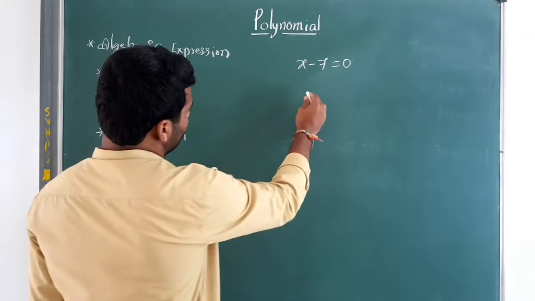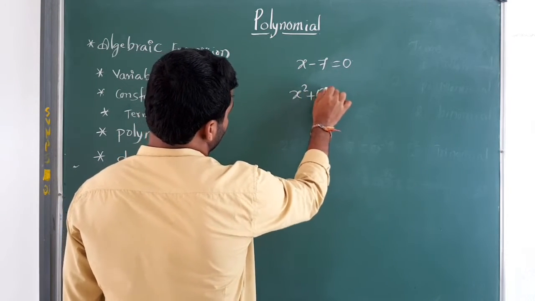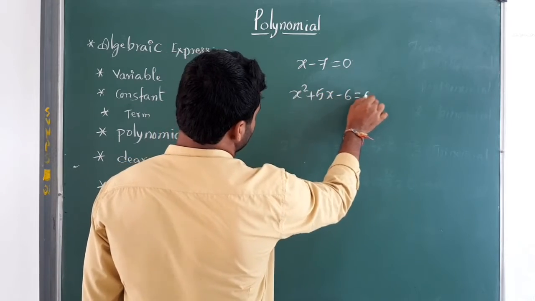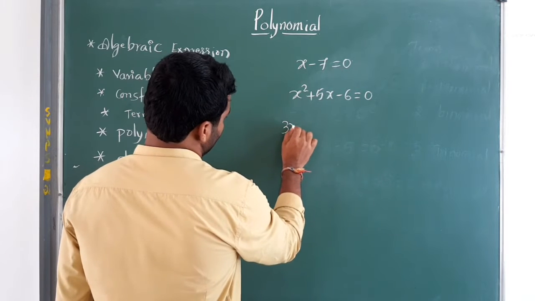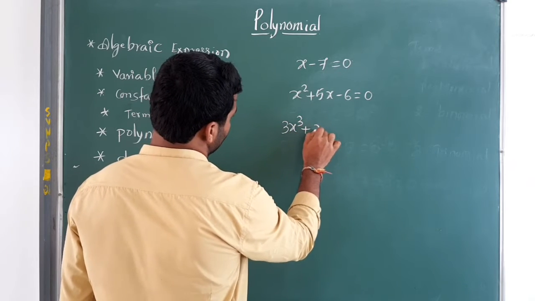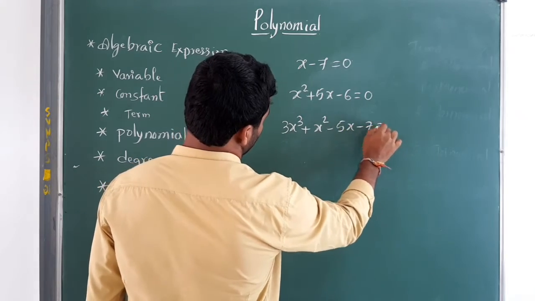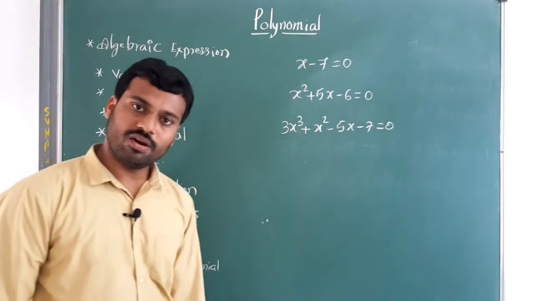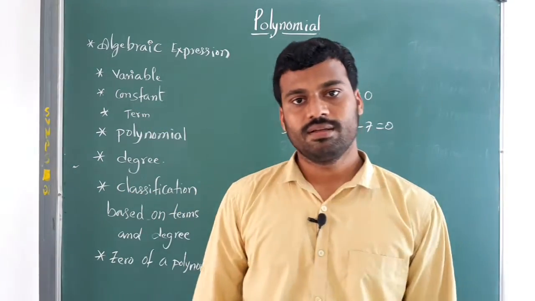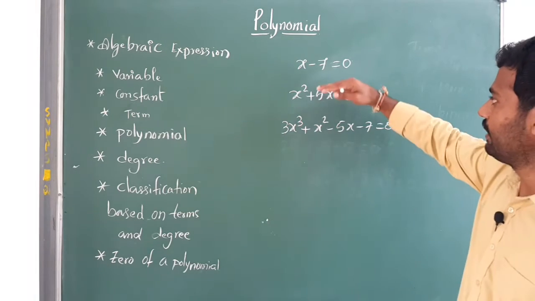And x square plus 5x minus 6 is equal to 0. 3x cube plus x square minus 5x minus 7 is equal to 0. Clear or not? Is it clear? Yes. So, just come here.